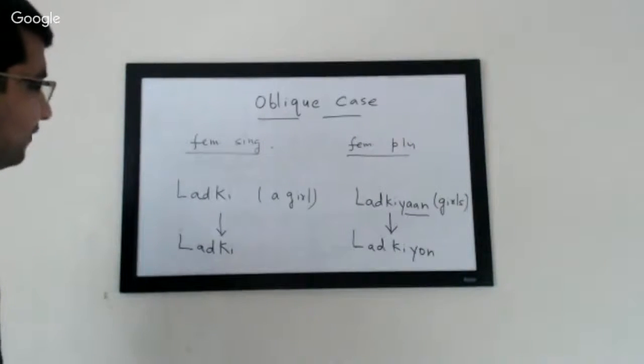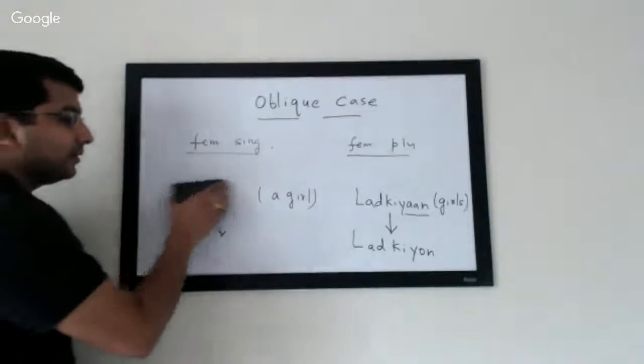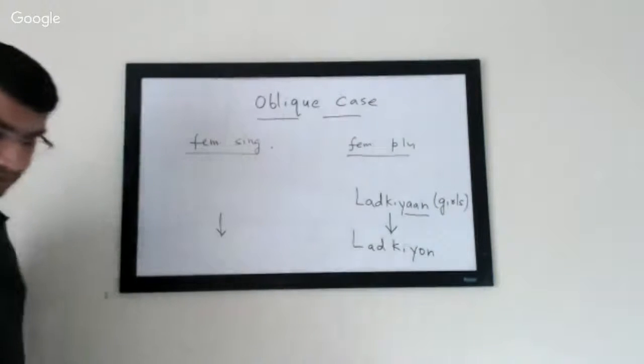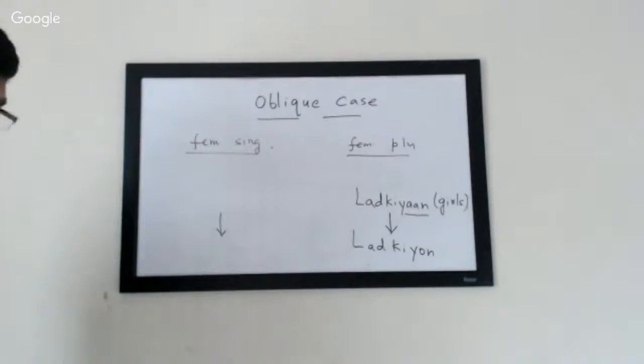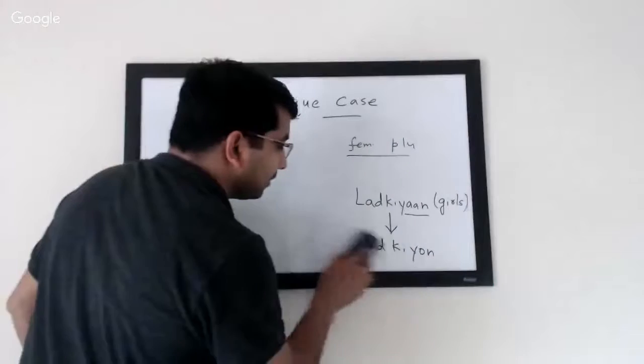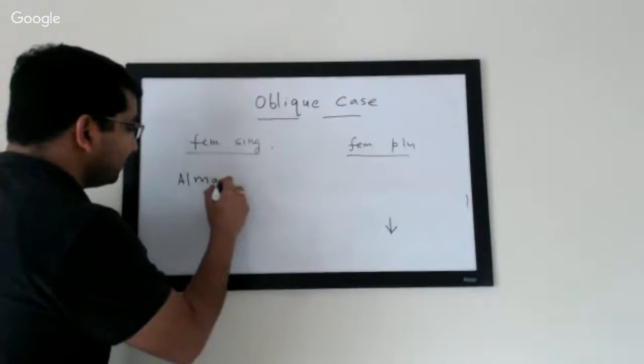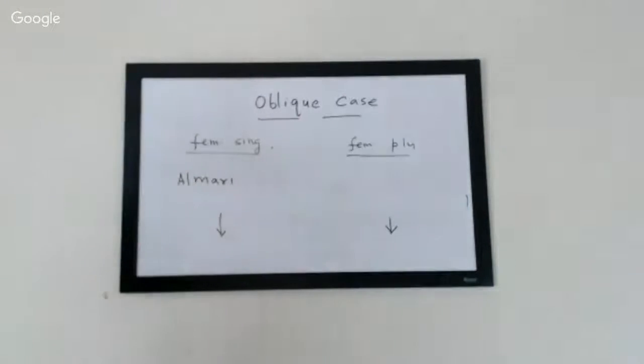Now let me give you a quiz, let me give you another word: almari. So your task is to write the oblique cases of almari, both for the singular case and the plural case.